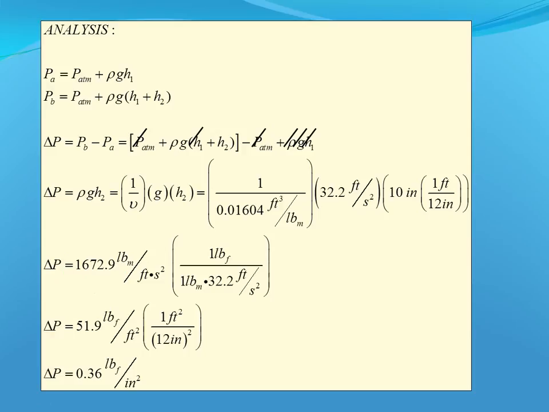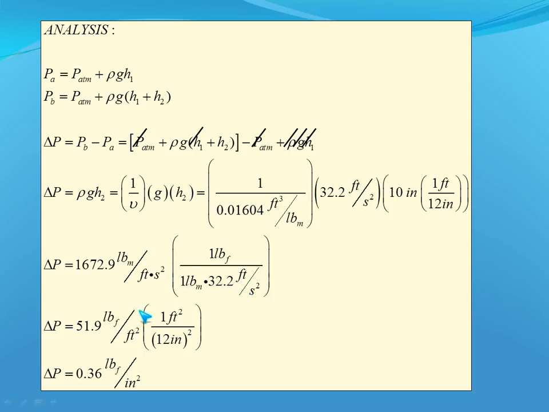Now, our goal here is we want to figure out the change in pressure in PSI, right? Pound force per inch squared. And so we need to do a little conversion here, in which case we're going to go from pound mass to pound force. The way we do that, if we remember the equation F equals ma, so force is equal to mass times acceleration, well, we can say 1 pound of force is equal to 1 pound of mass times the gravitational acceleration of 32.2 feet per second squared.